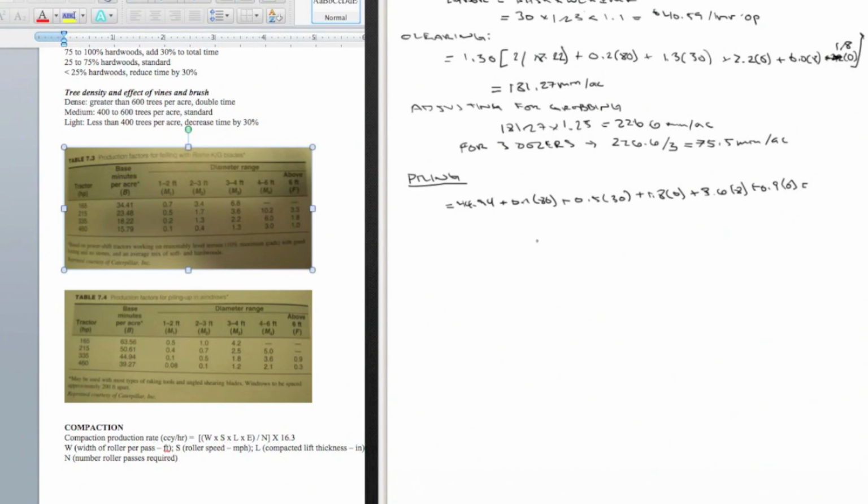That comes out to 96.74 minutes per acre.